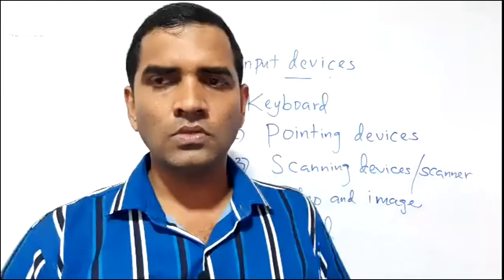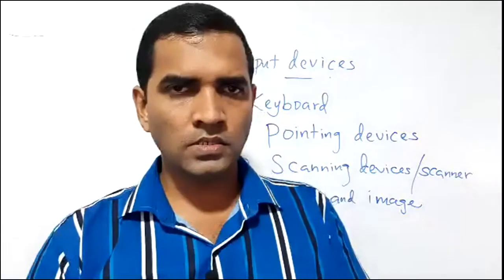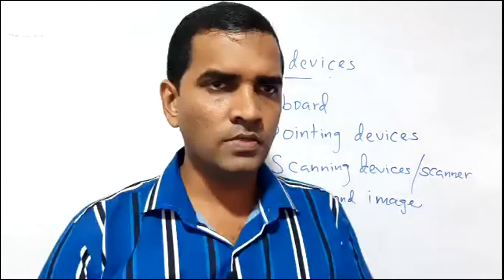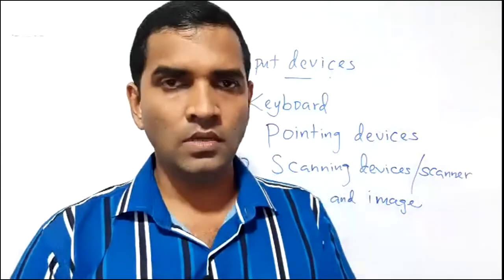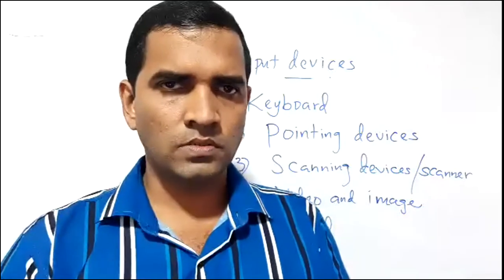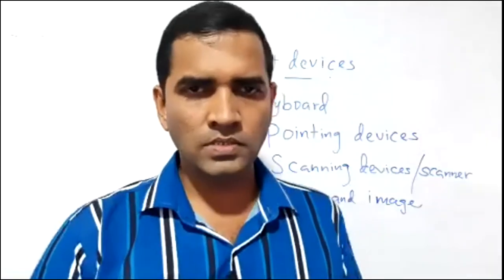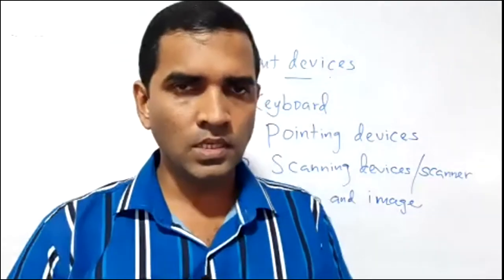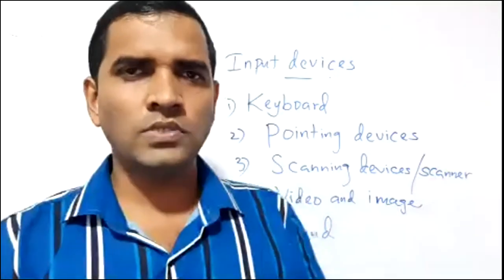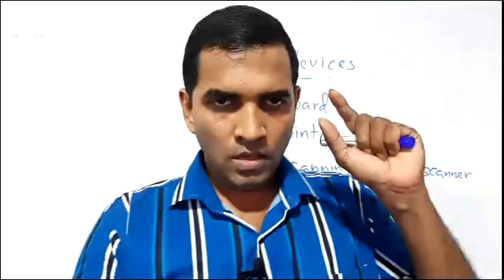A keyboard has a number of keys, almost around 100, more than 100 keys there. Every key may be used for different purposes. You can find some keys in alphabet format, some keys in numerical format, and also some other keys.